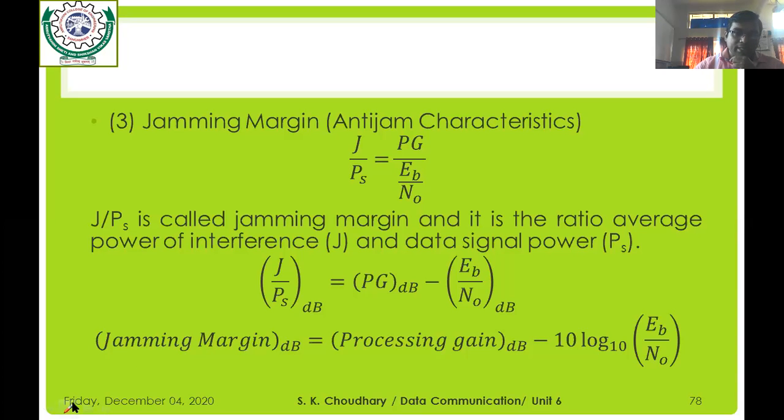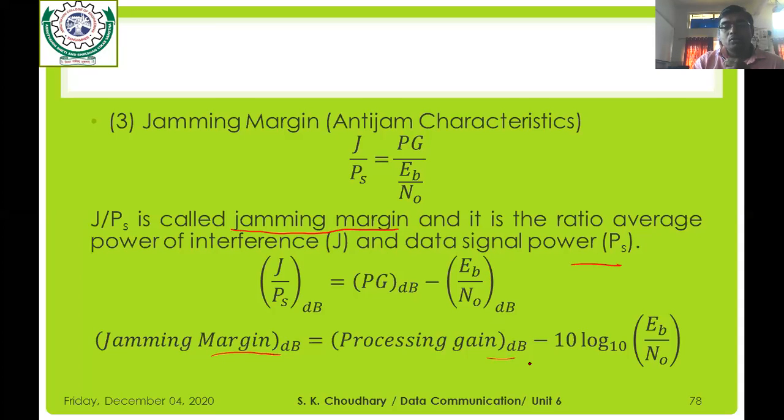The jamming margin is the ratio of average power of interference to the average data signal power. It can be represented on the dB scale. So it would be PG in dB minus Eb upon N naught in dB. So jamming margin in dB is nothing but processing gain in decibels minus 10 log 10 of Eb upon N naught, the average signal to noise ratio.